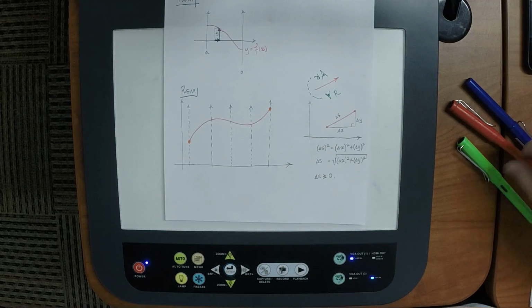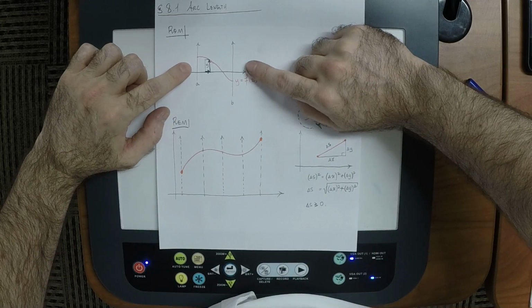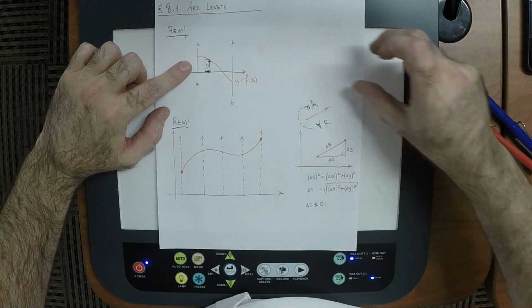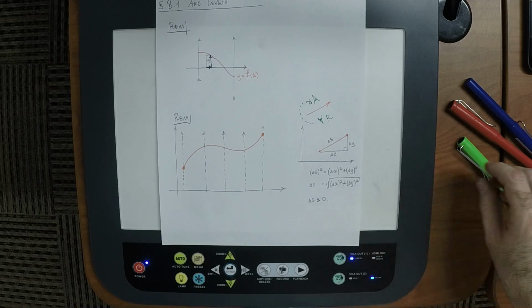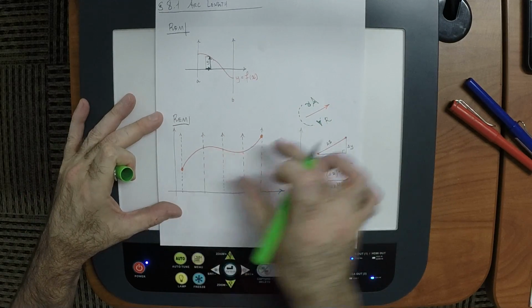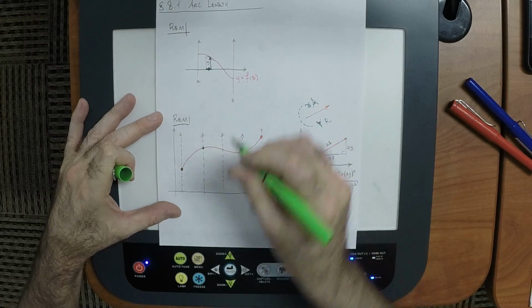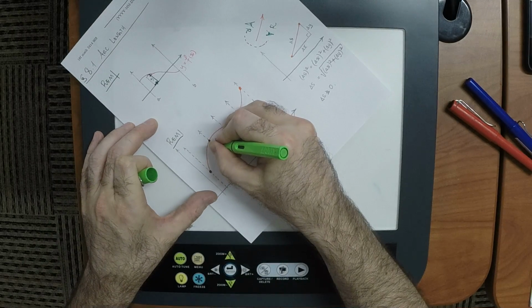Okay, so just like when we were making approximations for the signed area here, we made little rectangles. Here, the way that we'll proceed is we'll cut these and make approximations with little line segments. So if we go from there to there, then here is a line segment.